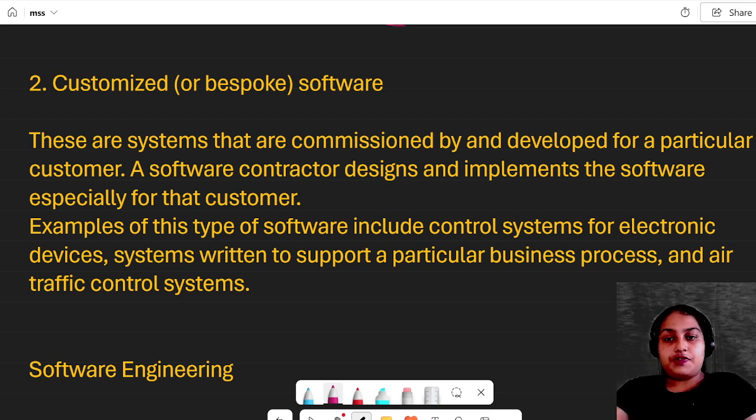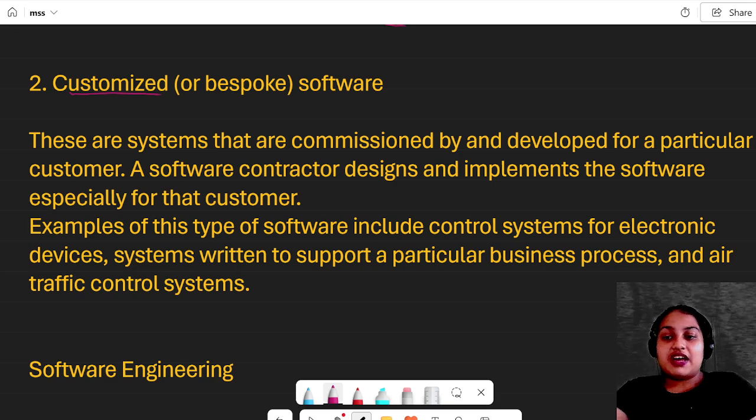Examples of this type of software are control systems for electronic devices, systems written to support a particular business process, and air traffic control systems. These are all customized. It is generated for that particular customer. Those are the different types of software products, generic and customized, two types.